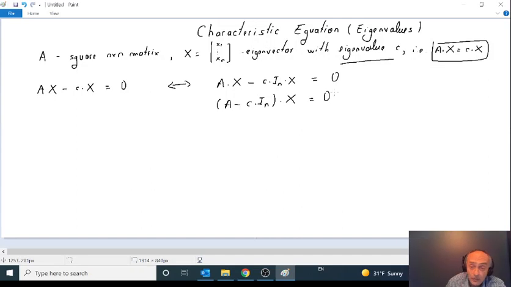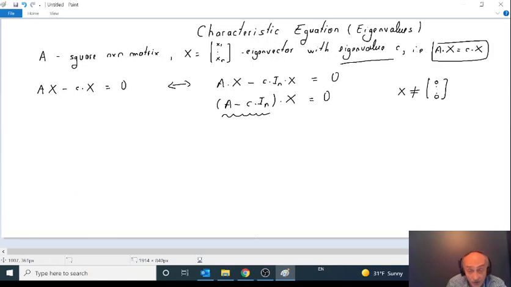So here's what happens. This equation would have to have a non-zero solution. Remember that x is not assumed to be the zero column. If this equation has a non-zero solution, it means that this matrix over here that I'm underlining, A minus c times I n, is not invertible.